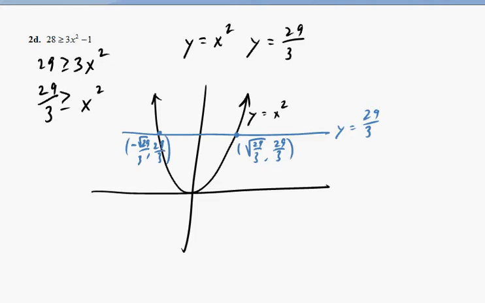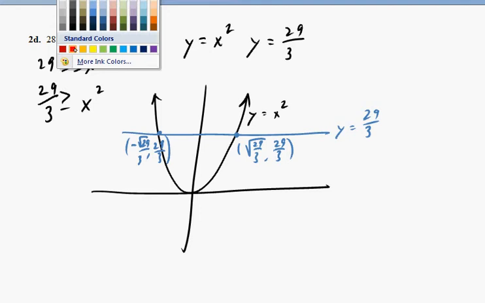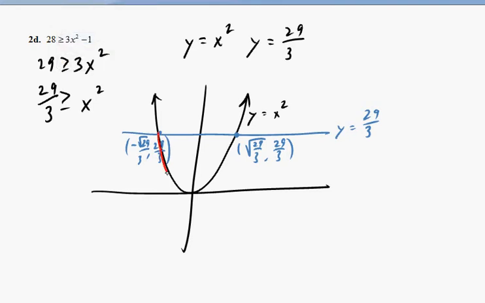And if we want to figure out where the x squared is less than or equal to the 29 thirds, that would be here in between. So the x's that go with this would be from negative square root of 29 thirds to the positive square root of 29 thirds.